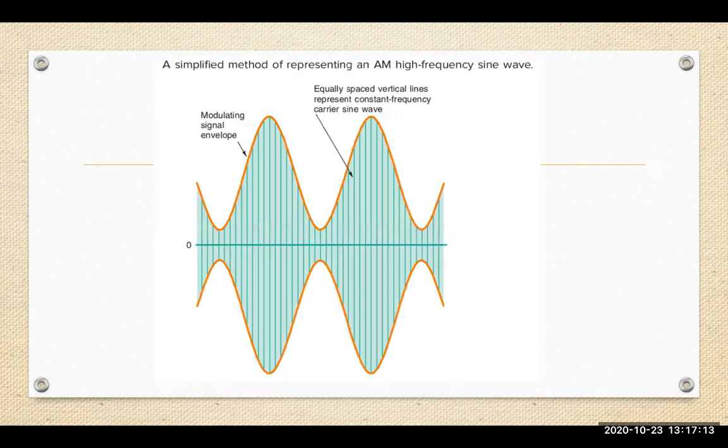And this shows the simplified method of representing an AM or amplitude modulated high frequency sine wave. So this is the modulating signal envelope. Ayan. In this one, equally spaced vertical lines represent the constant frequency carrier sine wave. So ito yung carrier signal mo. Usually, 'di ba, mataas yung value niyan.